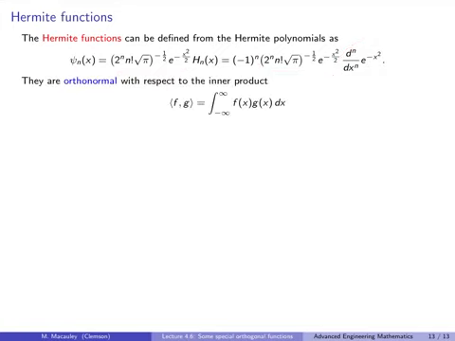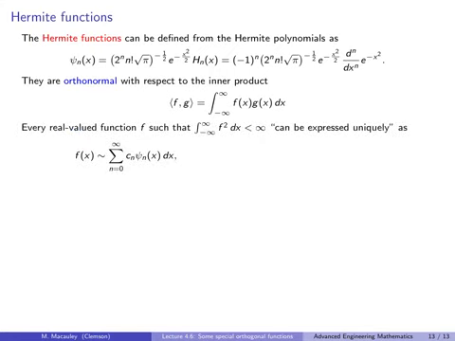These things, which contain this exponential function in them, are orthonormal with respect to a much more standard inner product. f dot g is just the integral from negative infinity to infinity of f of x, g of x, dx. So you can think of these things as absorbing that weird weight.